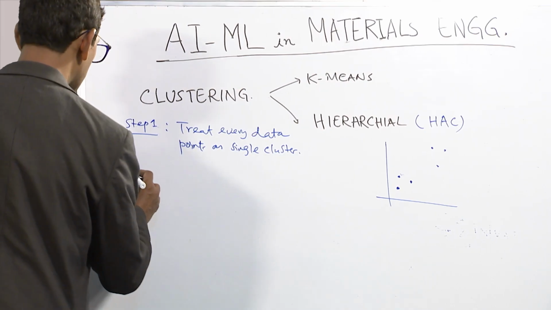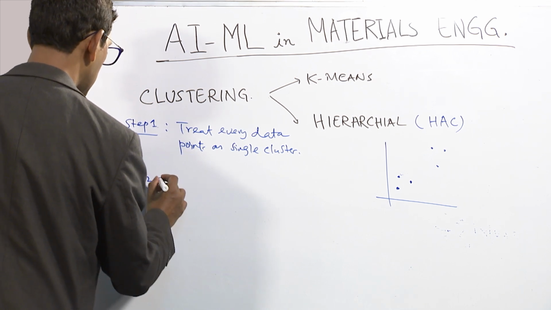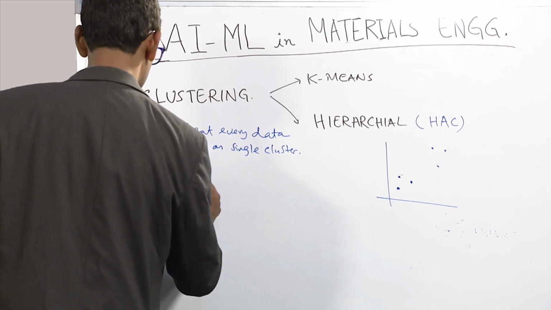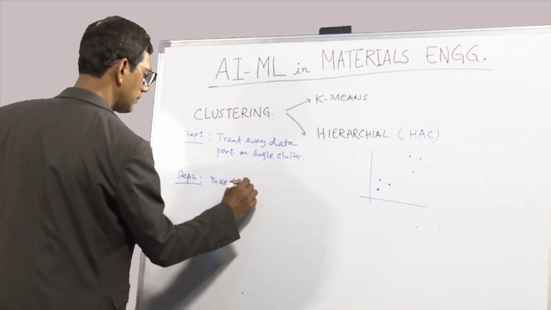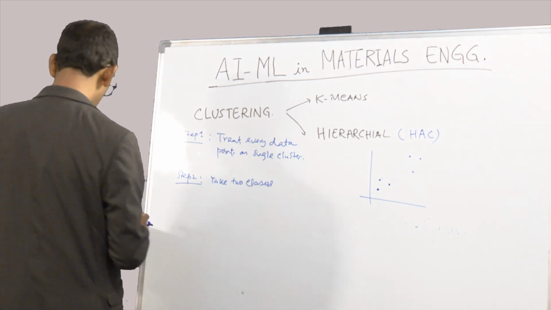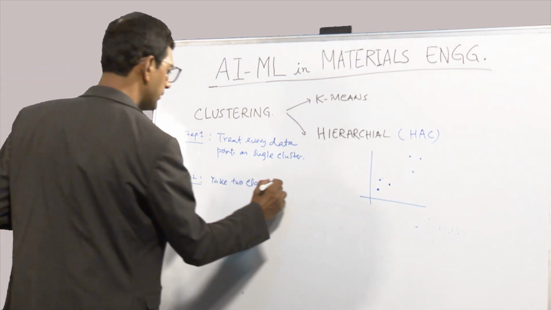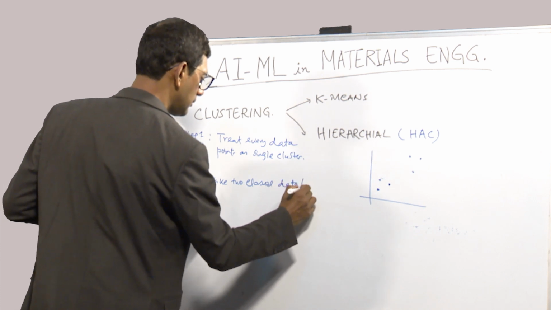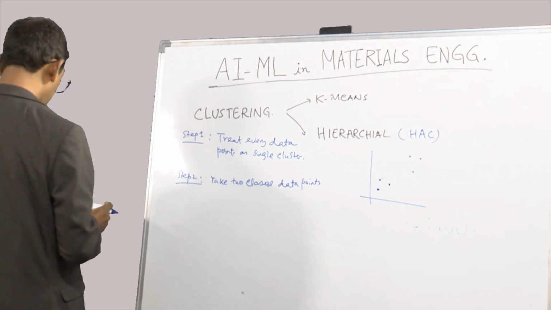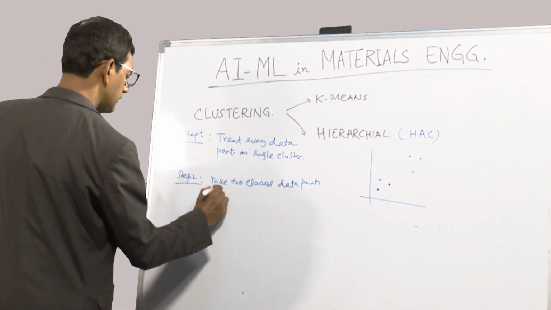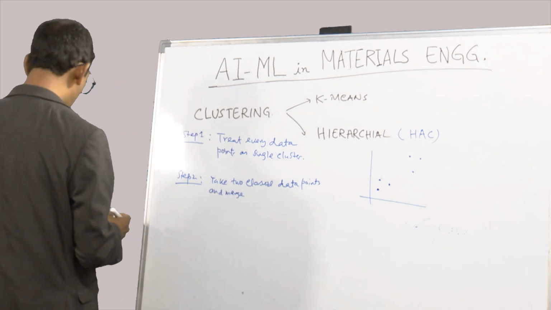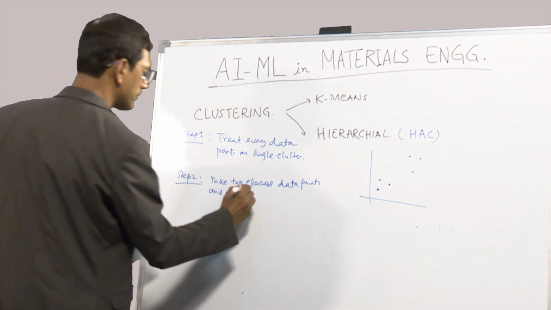Then step 2, what do you do? In step 2, take the two closest data points and merge them to form one cluster.